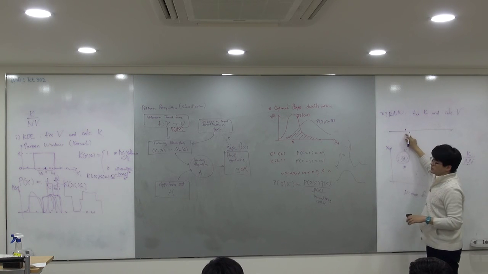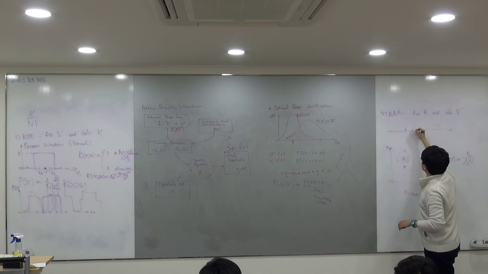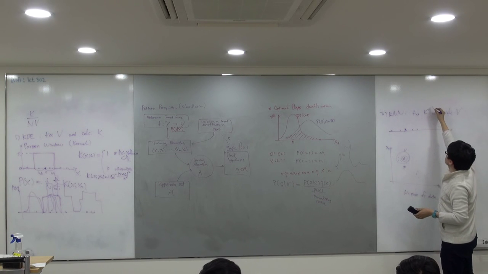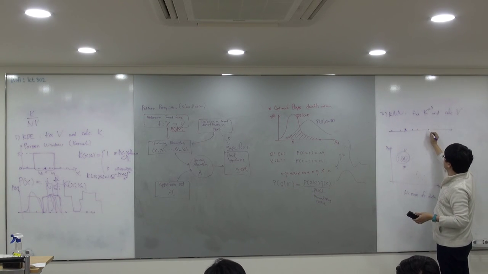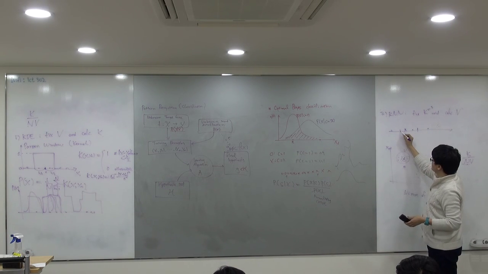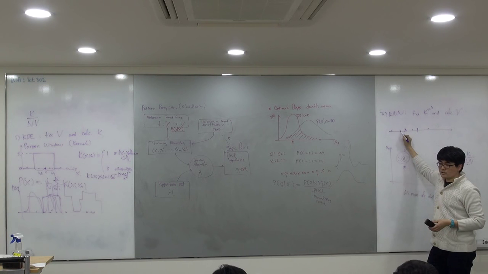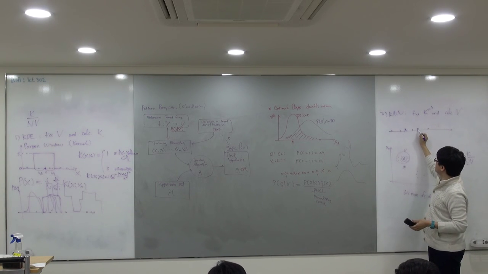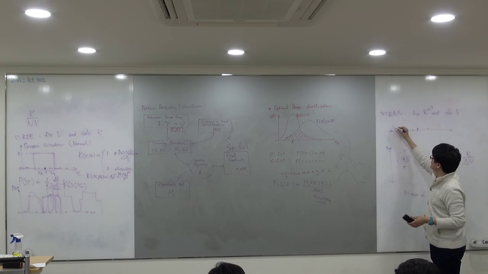So what this is doing is that, if your inspection point is here, and your data is like this, and you set K equals 3, then you measure the volume. So this is the nearest one, and the second nearest, and third nearest, and you take this volume.